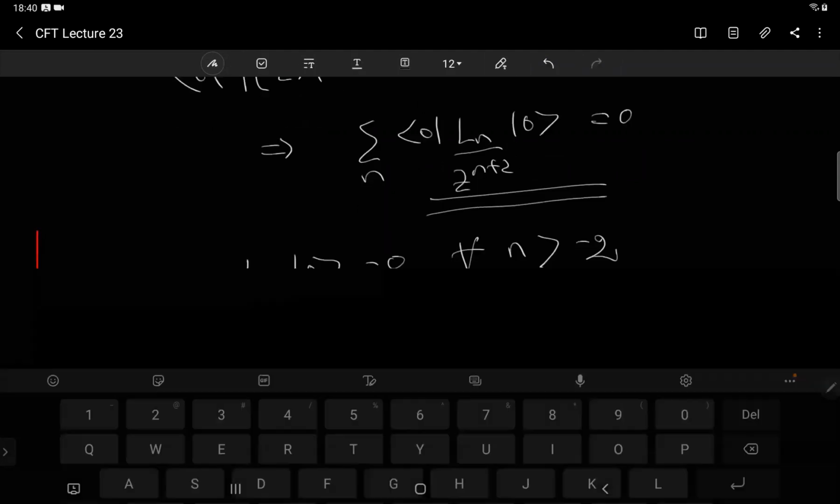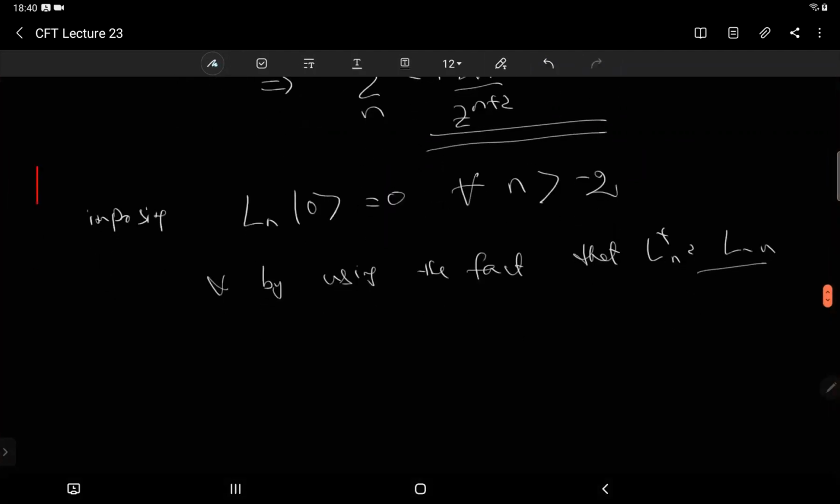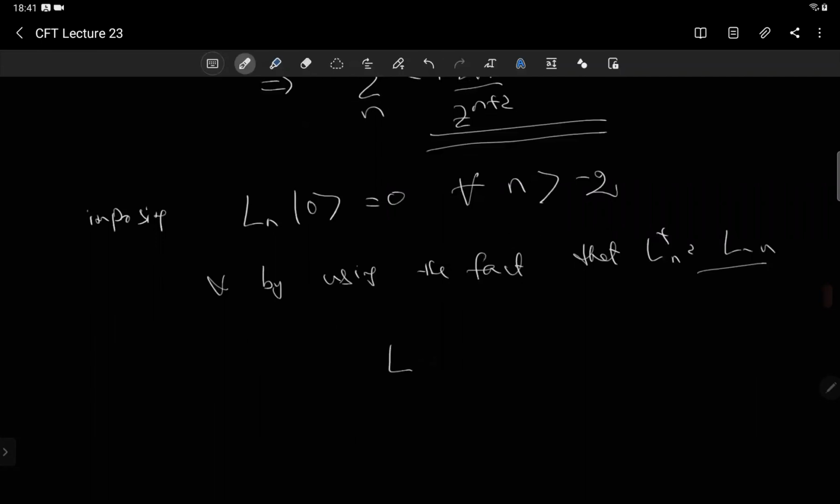Because if you expand it in terms of the full thing, then you'll have L minus 2 plus L minus 1 over z plus L0 by z square plus Ln by z to the n plus 2, sum over n greater than 0.